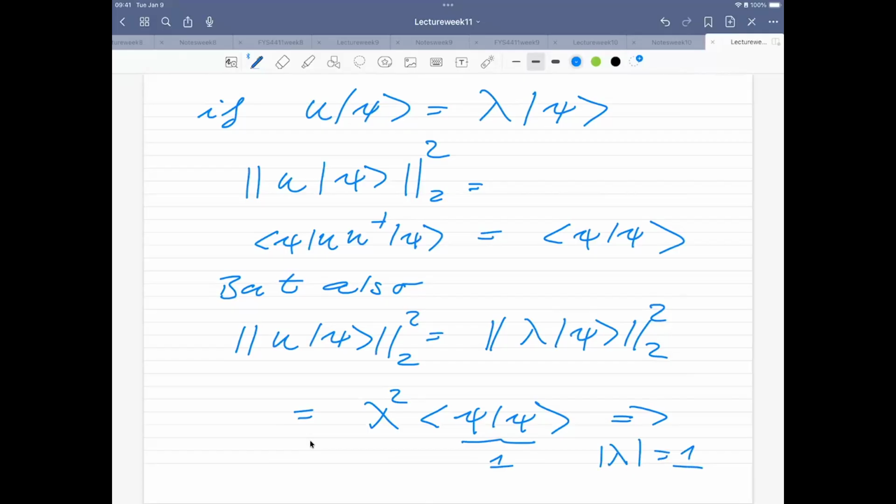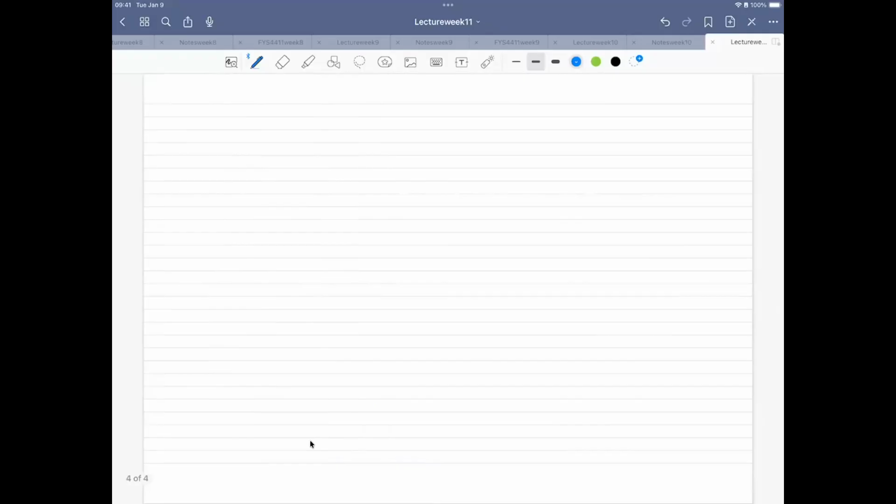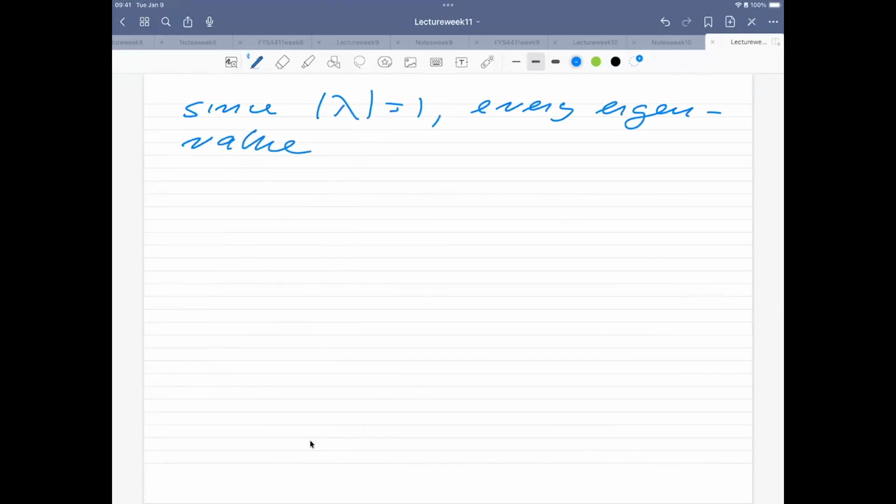Now, since the absolute value of lambda is equal to 1, that means that every eigenvalue, this is just a quick reminder of the basic mathematics here, lies on what we call the unit circle.